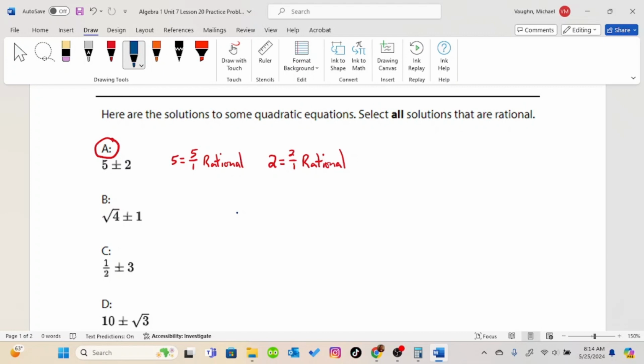For choice B, we have the square root of 4 plus or minus 1.